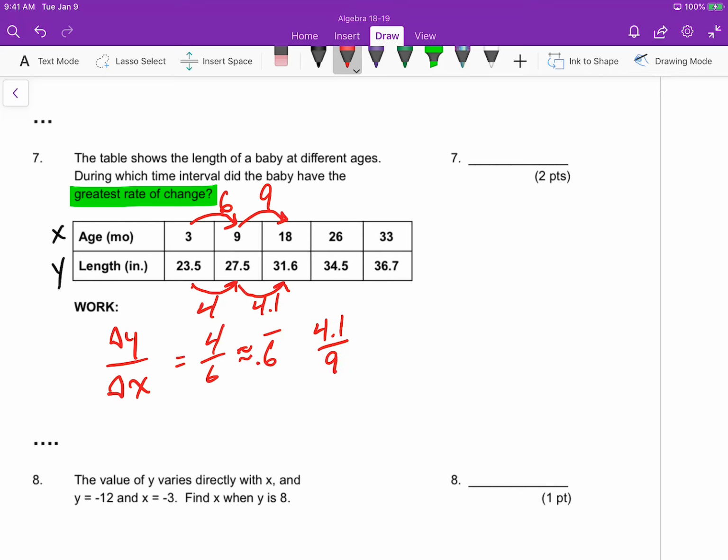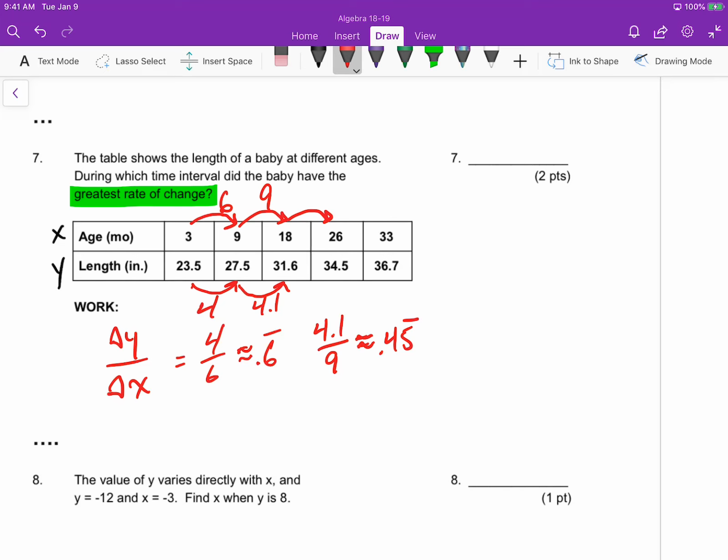Of course it grew more in a longer amount of time. So if you do the math here, 4.1 divided by 9, I can't do that one in my head. Sorry, first time I've had to grab my calculator. It actually only grew approximately 0.45 repeating.